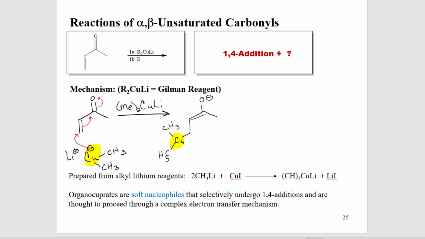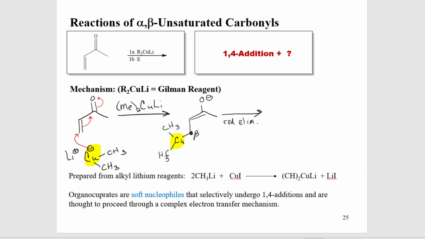Okay? Now, this is where in the next step, we have something called a reductive elimination. What happens is one of the carbons and the beta carbon join together and release the copper methyl.